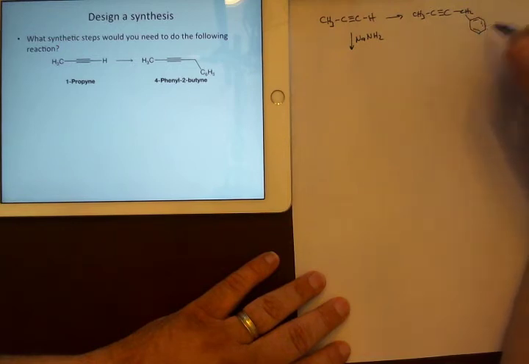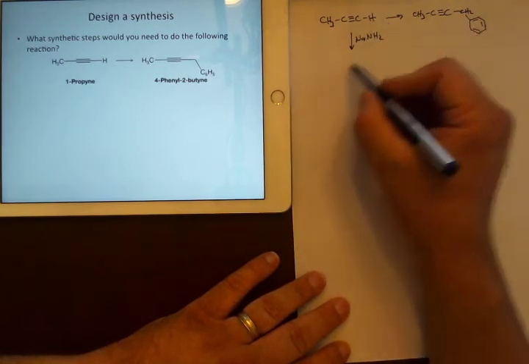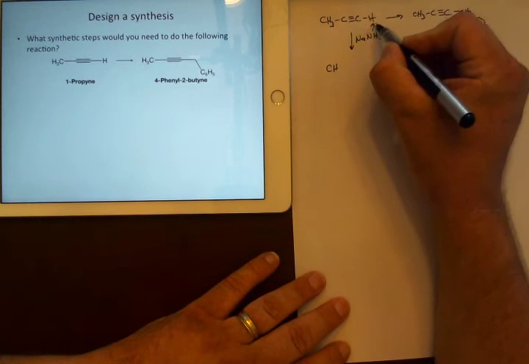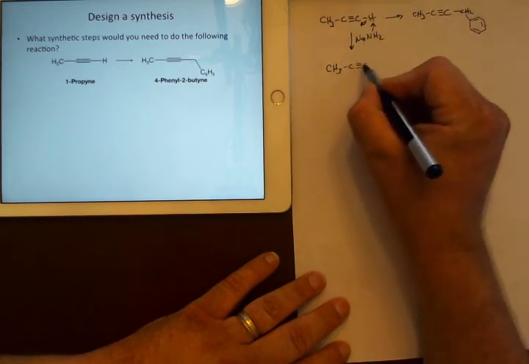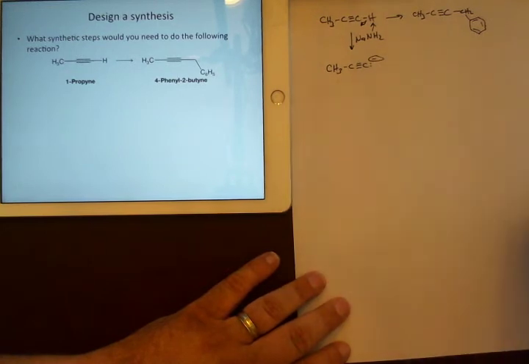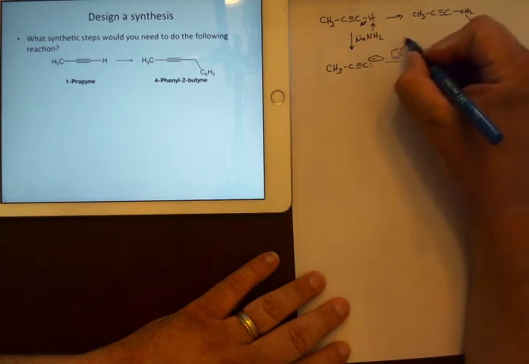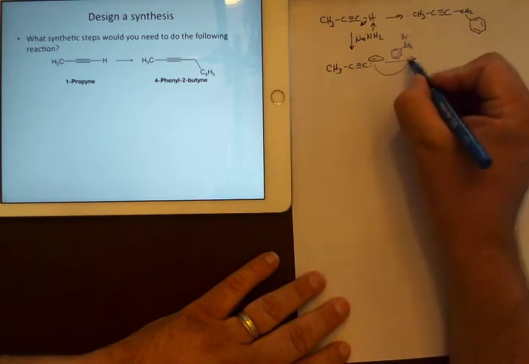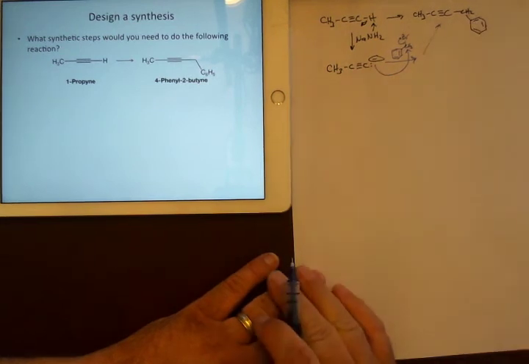So this would rip away this hydrogen and move those electrons there. Then we're just going to go to the shelf and grab benzyl bromide, so there's CH2 bromine. We'll get this nice SN2 reaction there, and you'll make this.